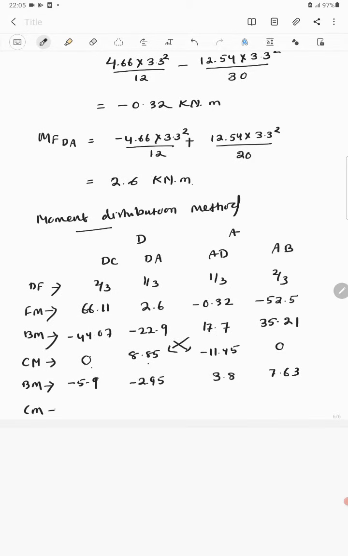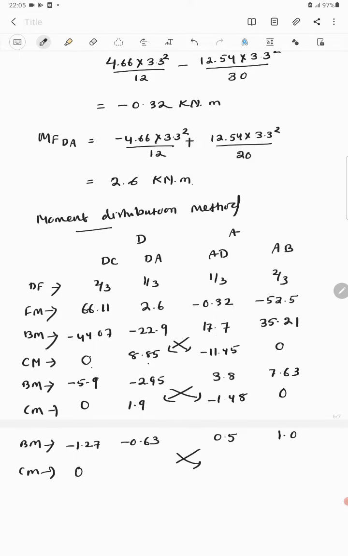Now the carryover moment, 0, 3.8 by 2, so 1.9, minus 1.48, 0. Balance moment: minus 1.27, minus 0.63, 0.5, 1.0.